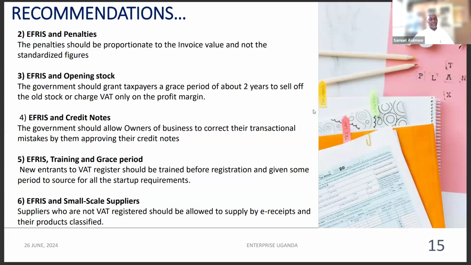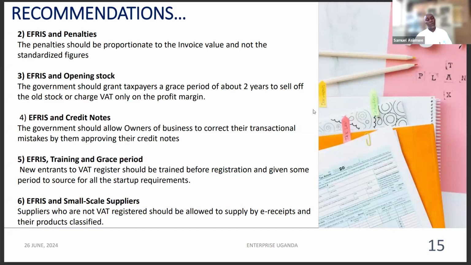The fourth one is about the credit notes. As I told you, credit notes are approved by URA. Me as a business person, as a trader, I have no right to approve. I just submit. But remember, this is my business. It is me who was interacting with my customer.